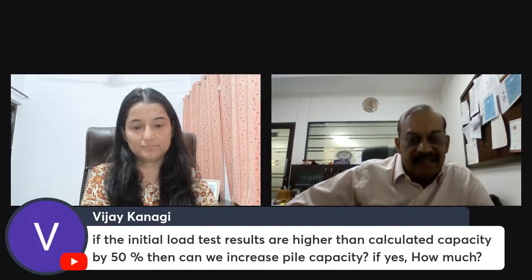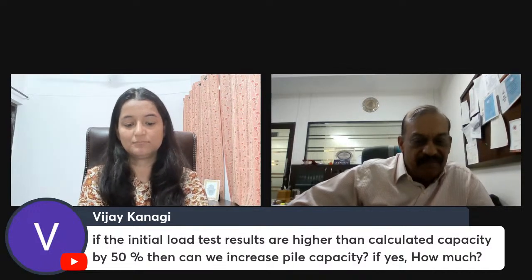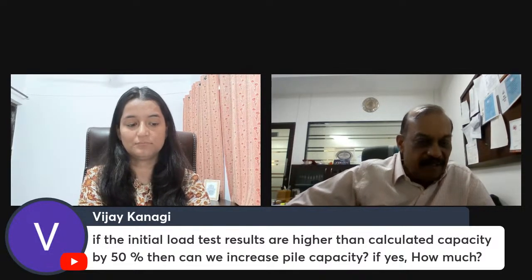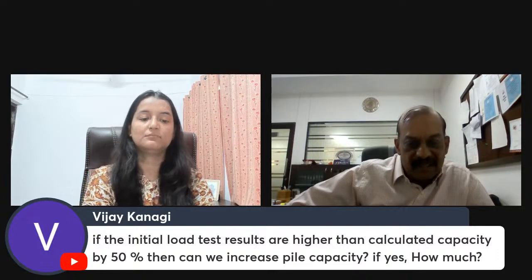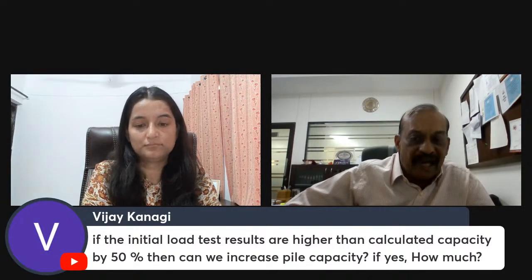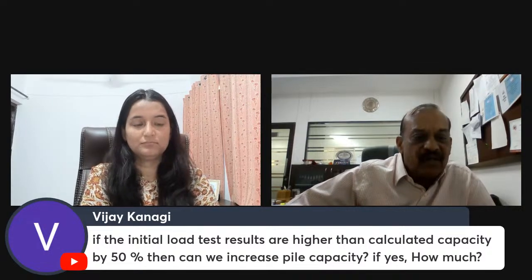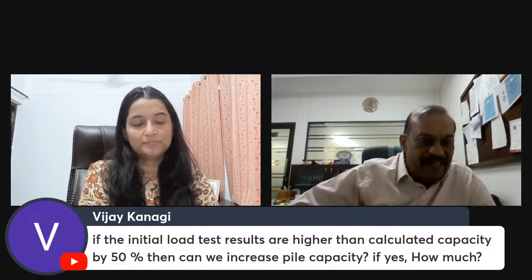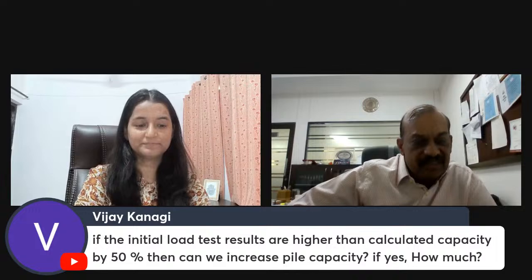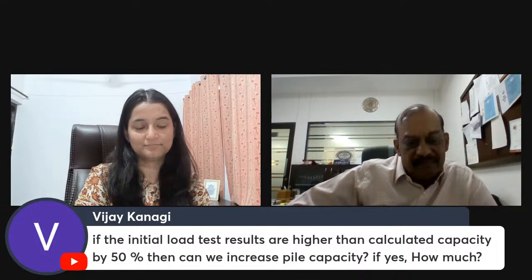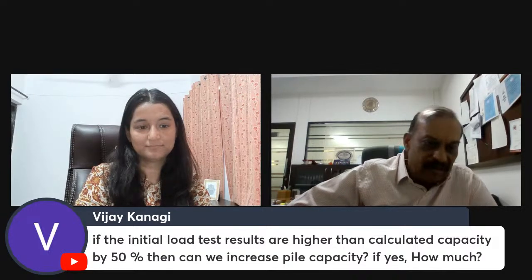You can increase the pile capacity, even anything between 20 and 50%, but then you should go beyond the IS code and test more than the 2% of the piles which the code gives. Do a low strain integrity test on all the piles.